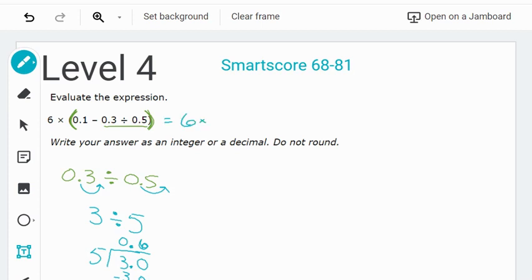So it's 6 times 0.1 minus 0.6. And then we subtract that. So that's a number line thing, if you will. That's how I like to think of these, because this isn't super easy subtraction, because I know I'm going to go into negatives.